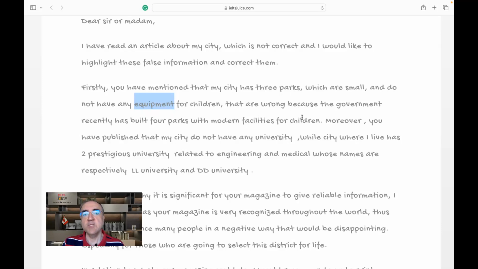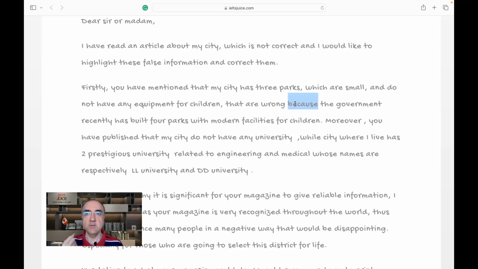Because the government recently... Okay, now let's hold on a minute. We need a good topic sentence. We need to say that in this paragraph, I'm going to talk about this false information bit. So we need one sentence. I don't need everything in the first sentence. You don't have to tell me it is due to reason A, which is blah blah, and reason B, which is blah blah. That is confusing for the first sentence.